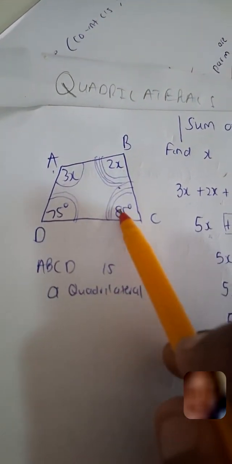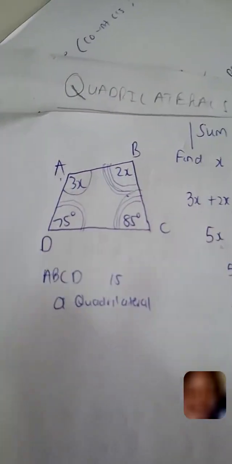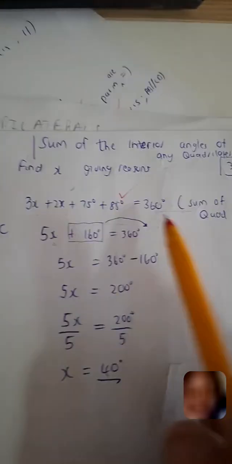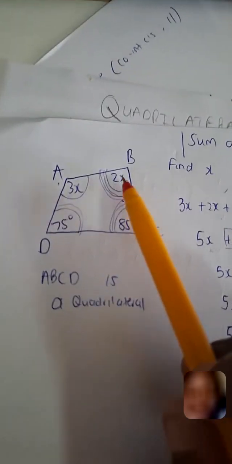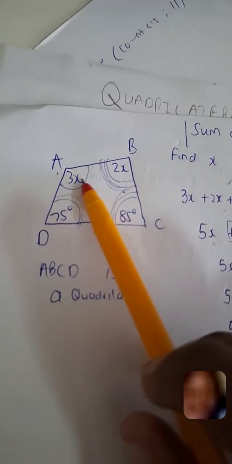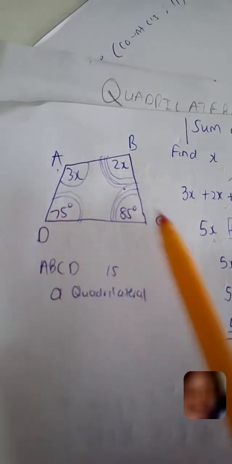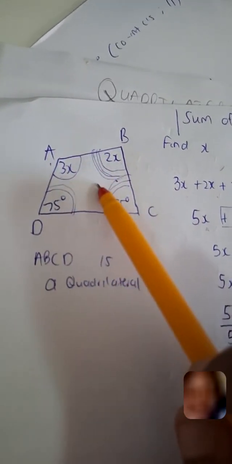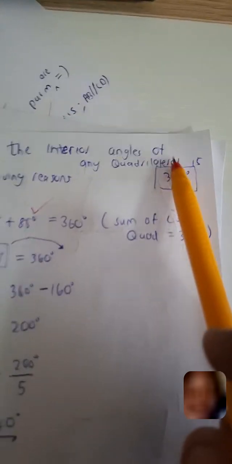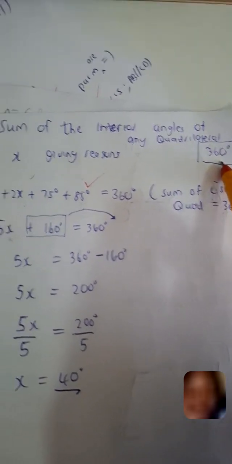We know what angle C is. We know them without a shadow of doubt. But now the question is, what is the relationship between these four angles of this quadrilateral? The relationship is the sum of these four angles. They give me 360 because we learned that the sum of the interior angles of any quadrilateral is 360 degrees.